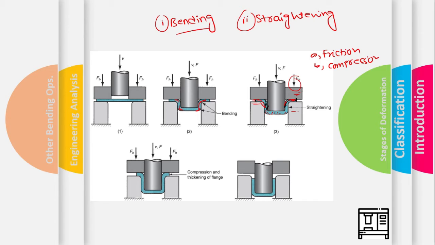Because of this change in the perimeter while maintaining the volume, wrinkling occurs along the walls of the drawn cup. This is a defect called wrinkling, and it mostly occurs when the holding force is low.